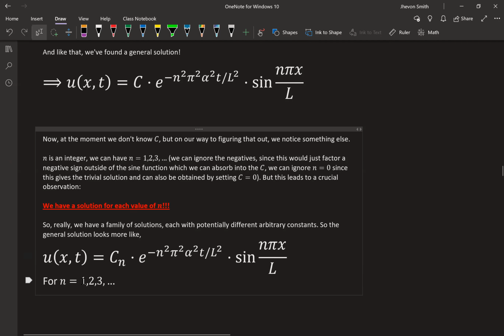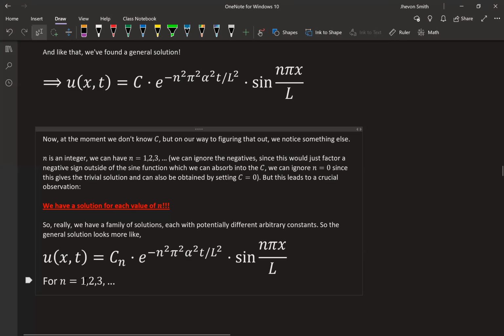Now here, I'm setting my n equals 1, 2, 3 for the following reasons. First of all, n equals 0 gives me sine of 0, which makes this whole thing 0, which is a trivial solution. On one hand, I don't care. On the other hand, if I had to definitely get the trivial solution, I could just make my arbitrary constant here equal 0, and I can get it that way. So let's just ignore the n equals 0 part.